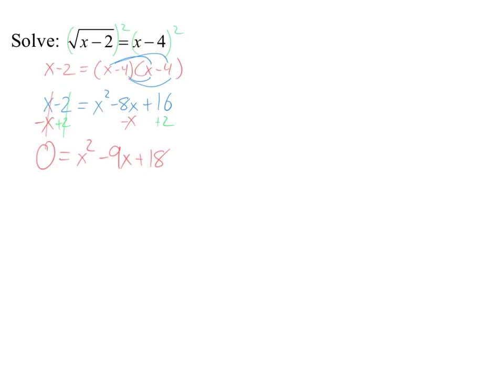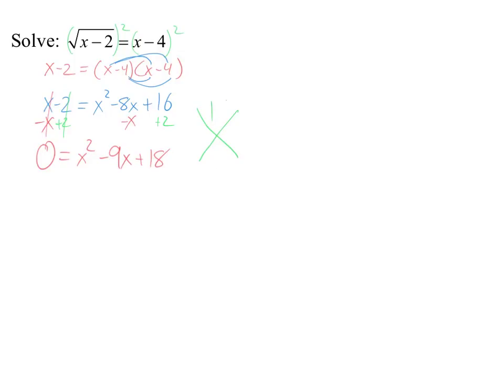And guess what? You have to use factoring or the quadratic formula. This one can factor. So, how do you solve this? You need to factor it. And the factoring method I like to use is this big X thing. What I do is I take the 18 and I put it on top, and I take the negative 9 and I put it on bottom.